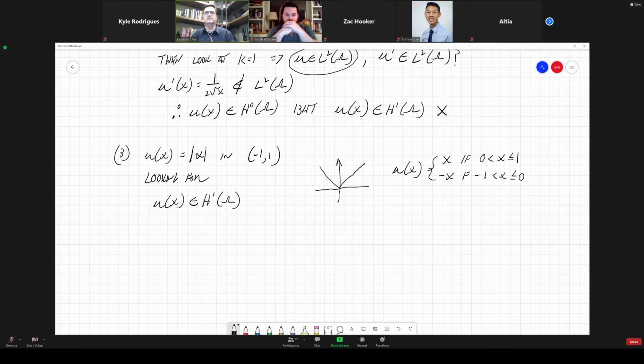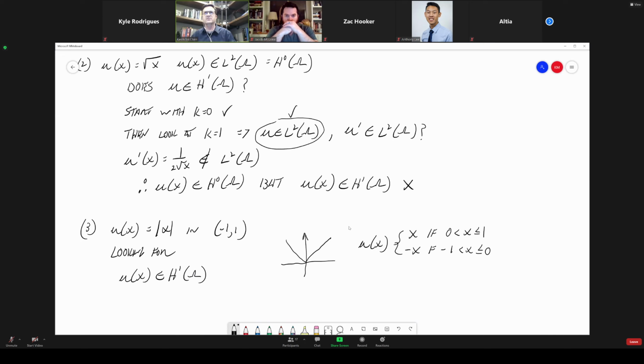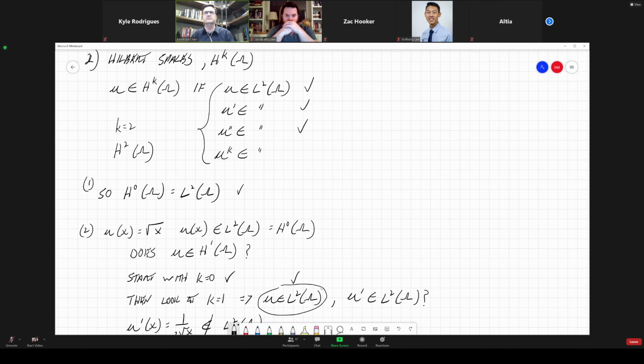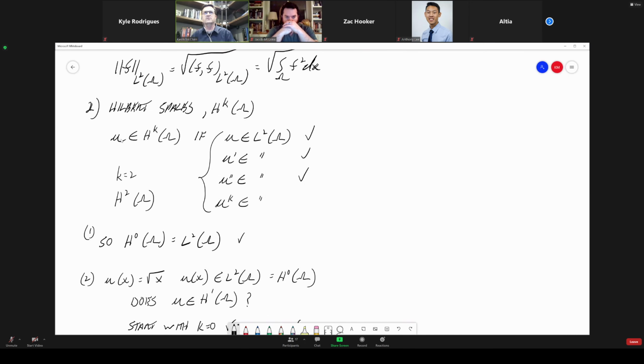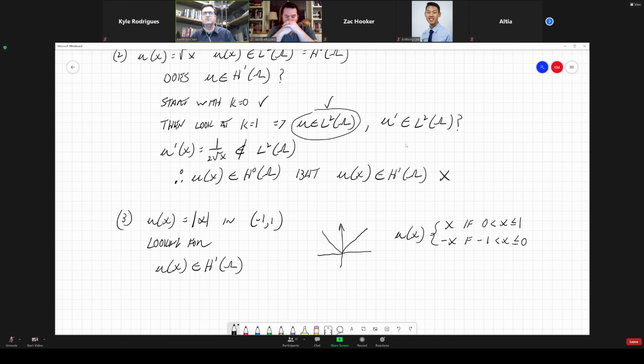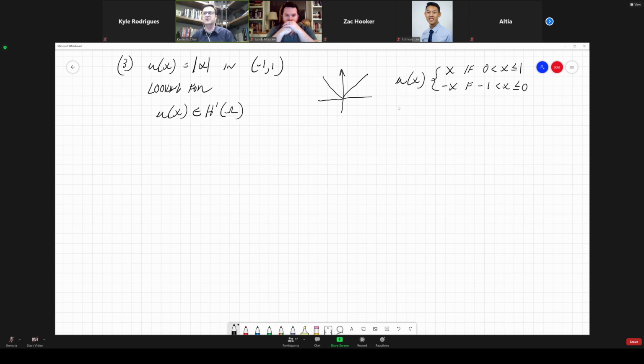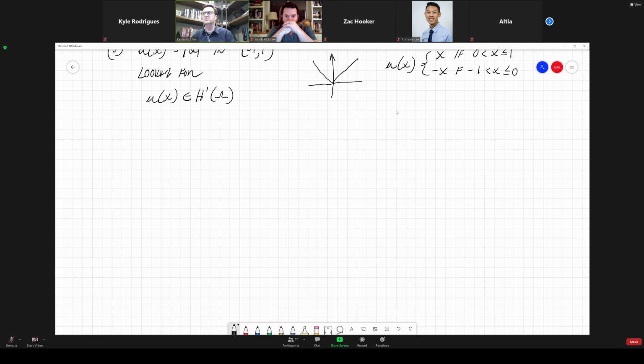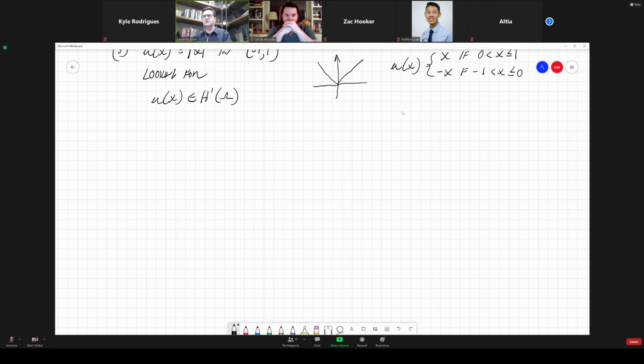So that's Hilbert space. You basically just have to check the derivatives. So whatever your function is, you check the derivatives up to whatever that k value is for your problem. It's usually, for the stuff that we're doing, you have to go to the first derivative for linear elasticity.